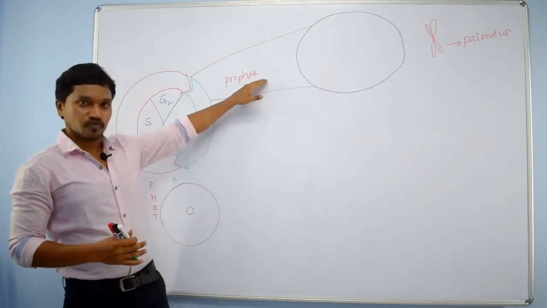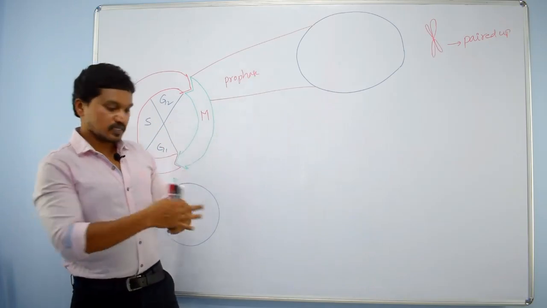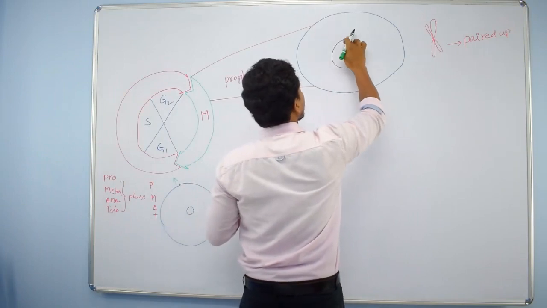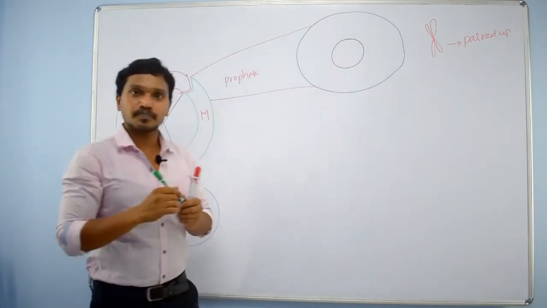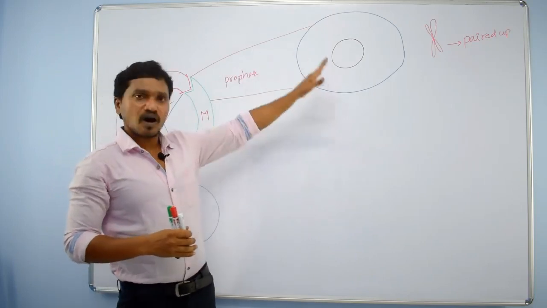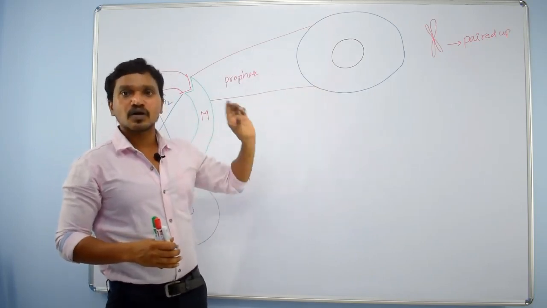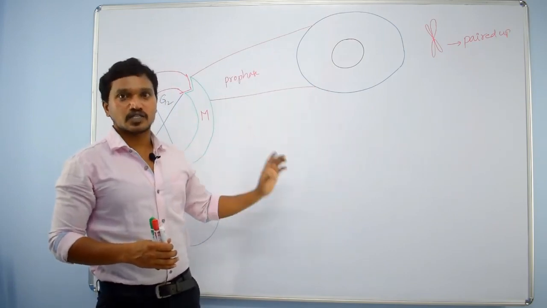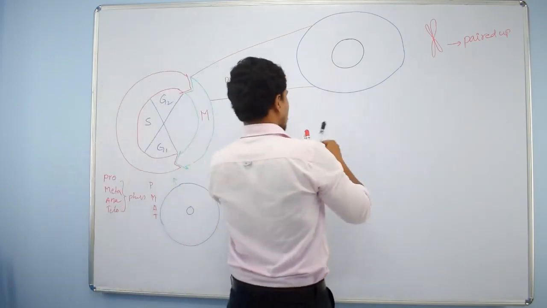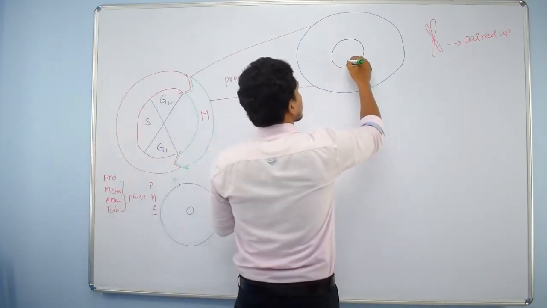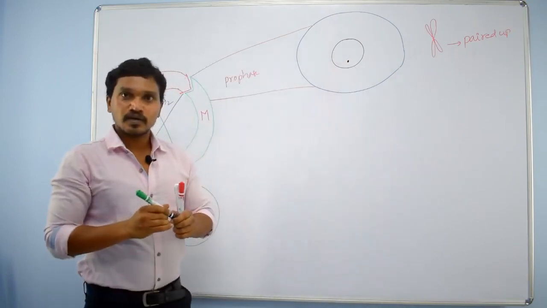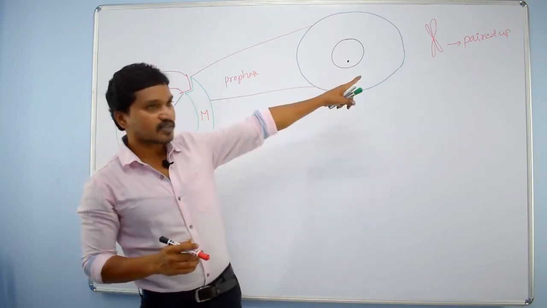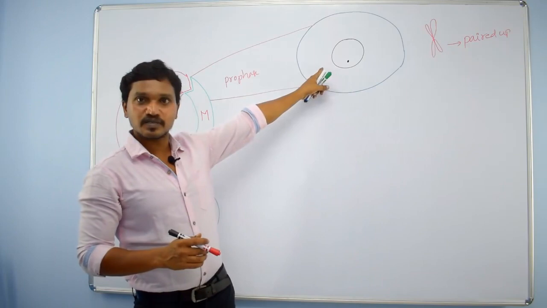Now this is prophase, the first step of M phase, and it contains a nucleus. This is the nucleus, right? Then all the other organelles will be there, but I am taking only the organelles necessary for our explanation. Here the nucleolus is there. Clear? Then chromosomes, but we cannot see them like that in this phase.